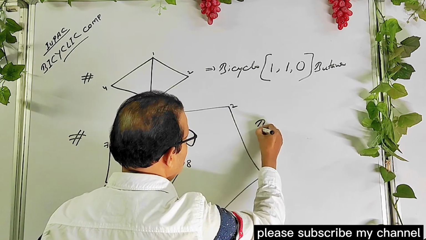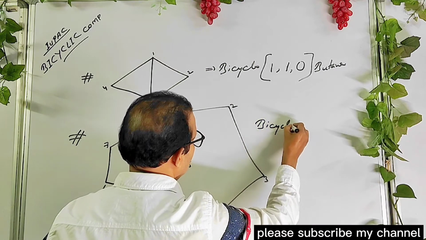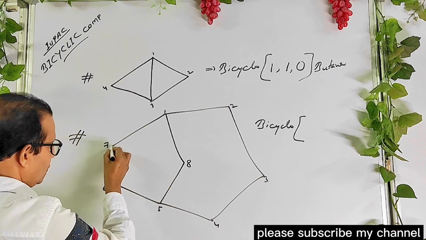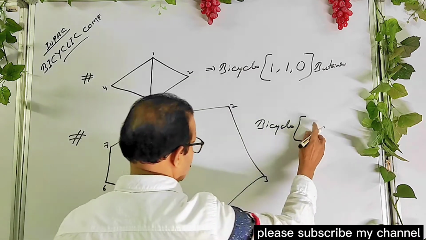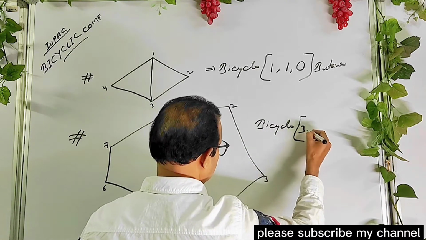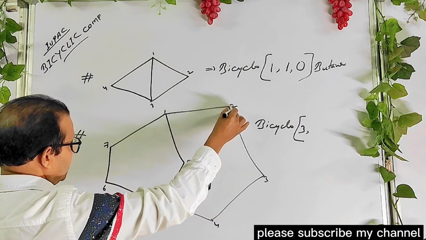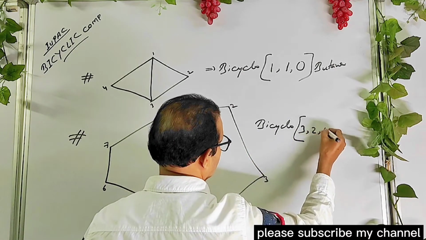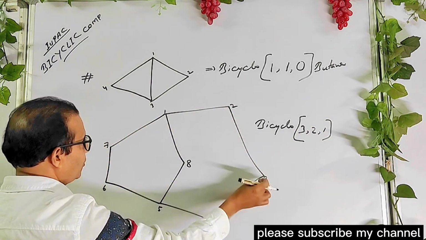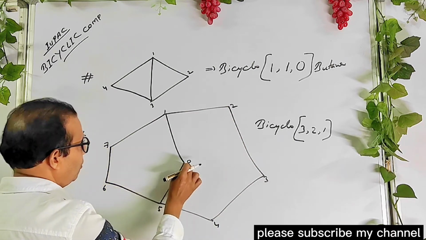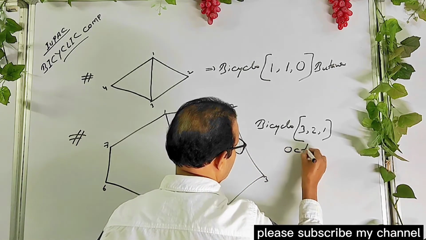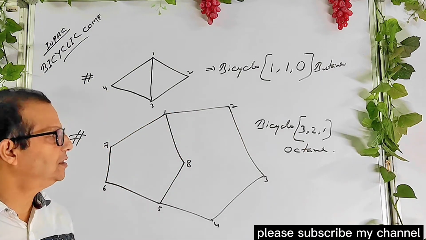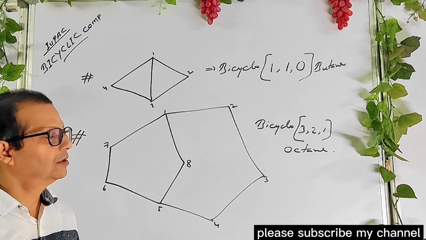So its IUPAC name is bicyclo[3.2.1]: 3 carbon, 2 carbon, 1 carbon. Methane, ethane, propane, butane, pentane, hexane, heptane, octane. So these are about IUPAC naming of bicyclic compounds.